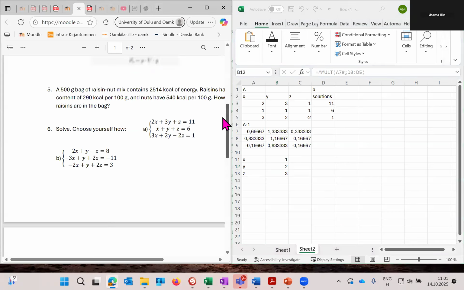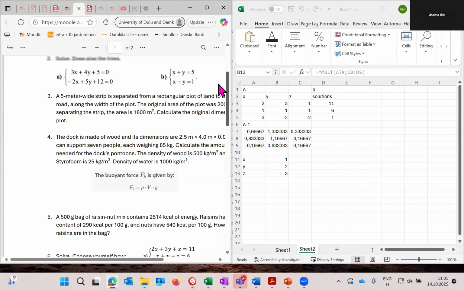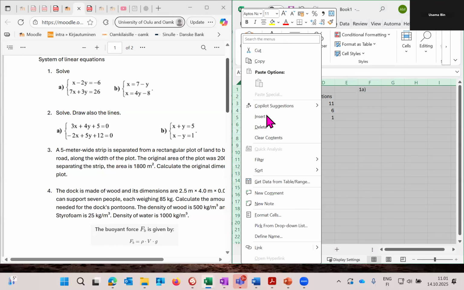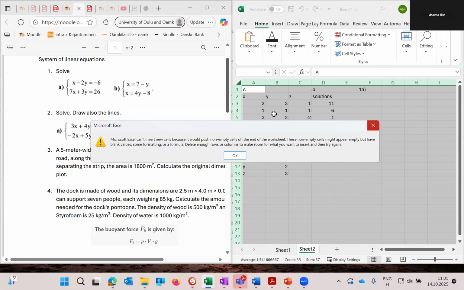The one that I sort of, one of these, for example, the 1A. As an example here. 1A. So I would write here, let's do it like this.